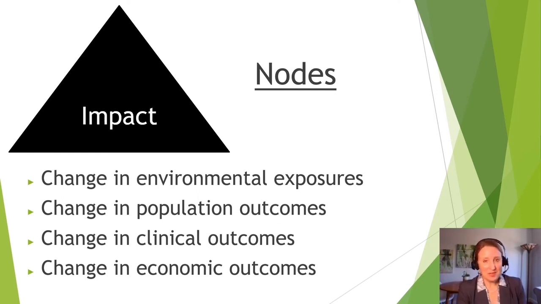In my work, there's an example of eliminating new exposures from a criminally polluting factory. We've also done some work on looking at potential gas leaks from gas pipelines and reducing that potential exposure. This may be facility or population improvements in something like asthma outcomes. It may be a clinical impact as well.